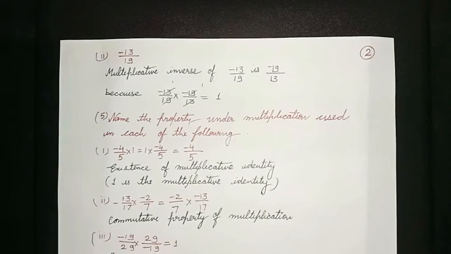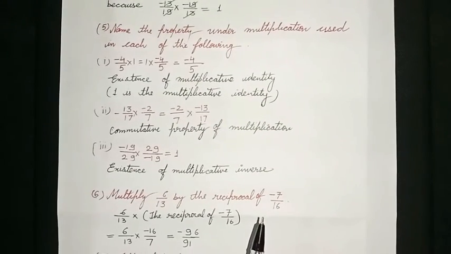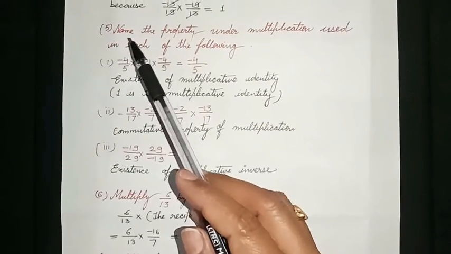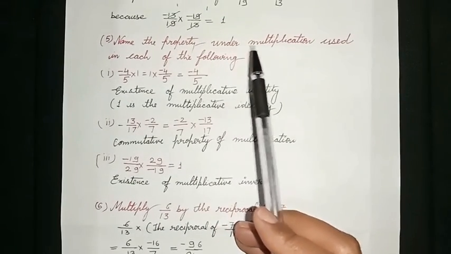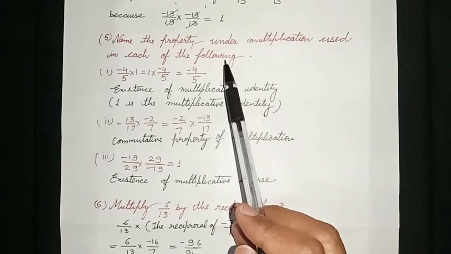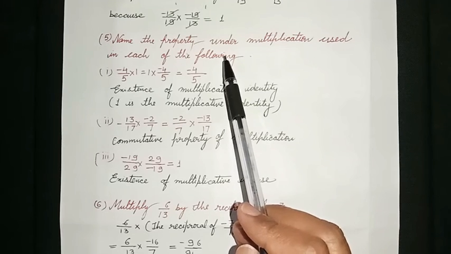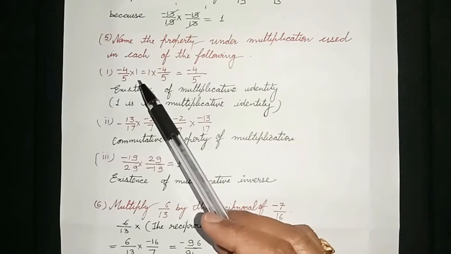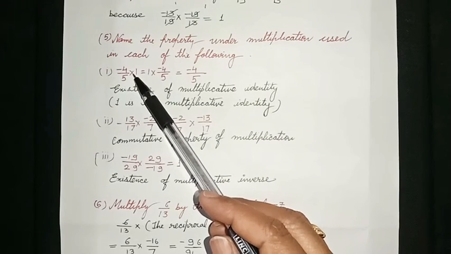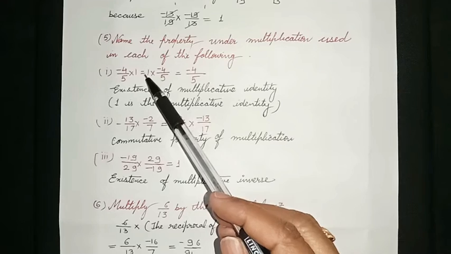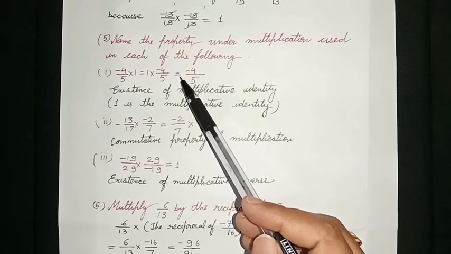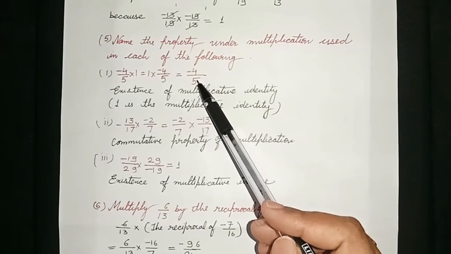Now, come to question number 5. Name the property under multiplication used in each of the following. The first part of the question is minus 4 upon 5 into 1 is equal to 1 into minus 4 upon 5, which is equal to minus 4 upon 5.